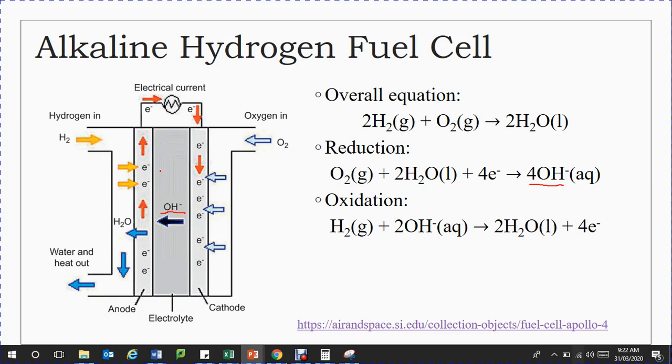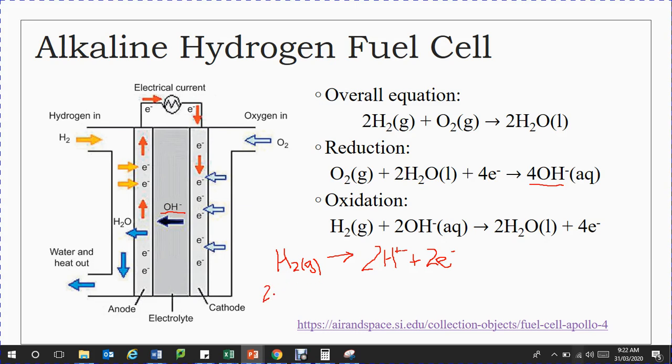So that's going to move across to our anode. We've already had our hydrogen gas come in and give us our hydrogen ions, and we lost 2 electrons. So that's what's occurred first. Then our hydroxide ions, which were formed over at our cathode, will move across to our anode, and they will react with our hydrogen ions.